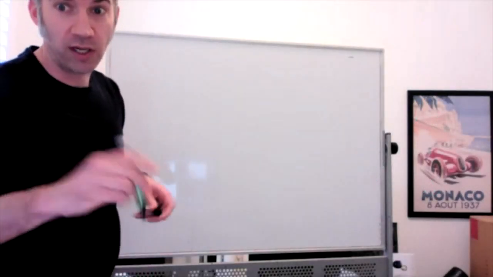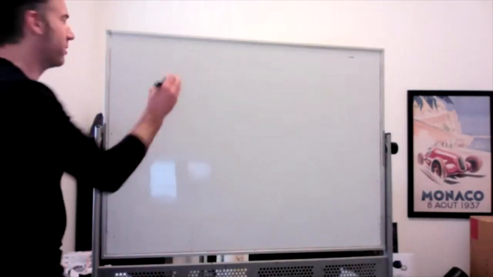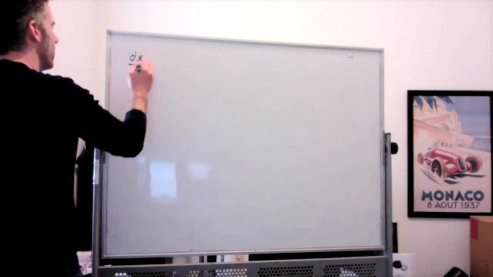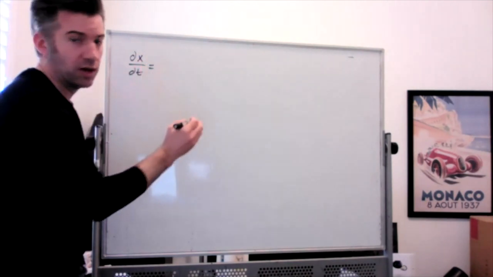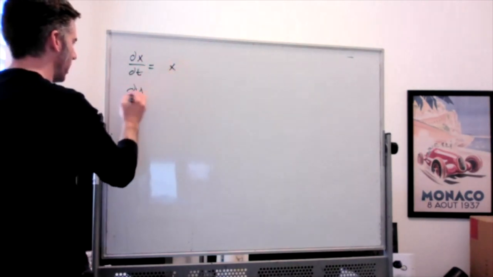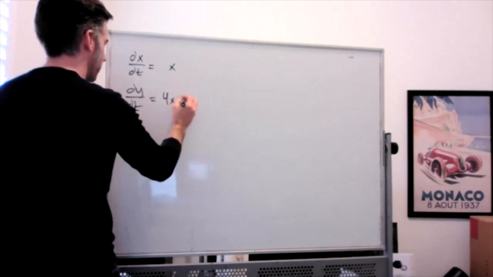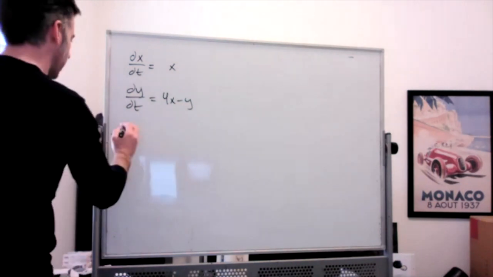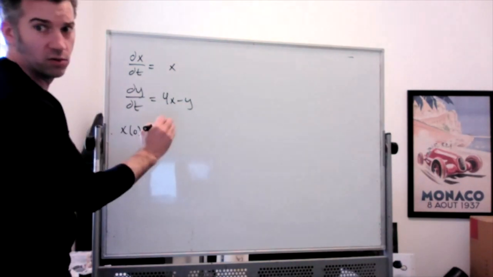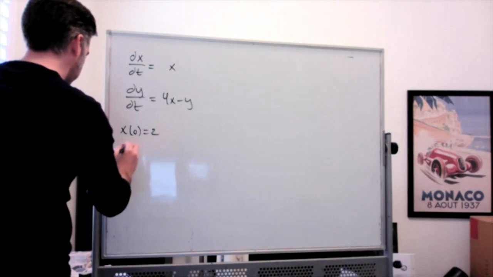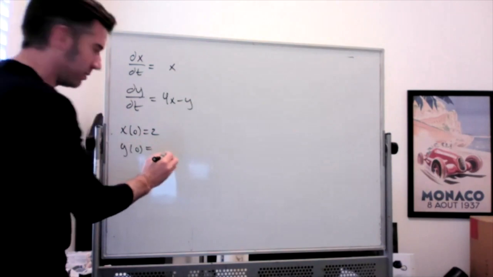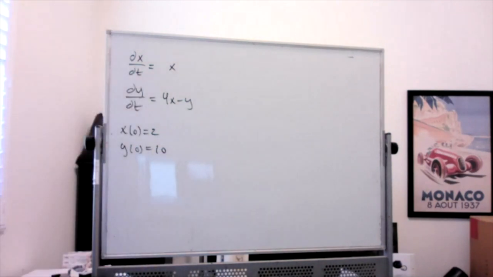So last time we were working with this system of equations, I believe we had dx/dt equal to x and dy/dt equal to 4x minus y. And we also had x(0) equal to 2 and y(0) equal to 10. And so we did the whole thing, right?